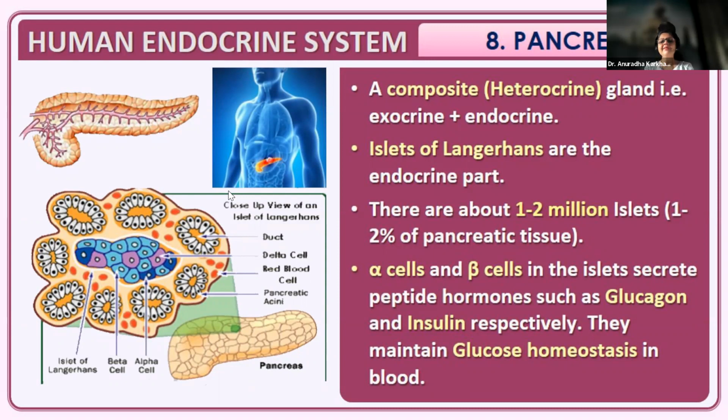Alpha cells and beta cells in the islets secrete peptide hormones such as glucagon and insulin respectively. They maintain glucose homeostasis in the blood. So, you know, glucagon is going to increase the glucose level of the blood, and insulin will decrease the glucose level of the blood. So how do they do it? We are going to see it. But this is easy because we have done it now. ये easy लगेगा अभी.